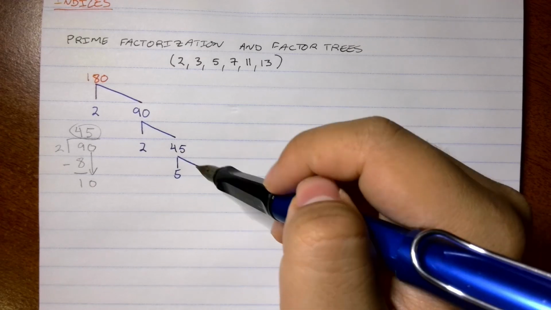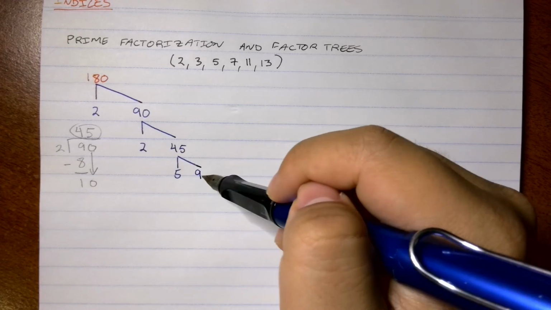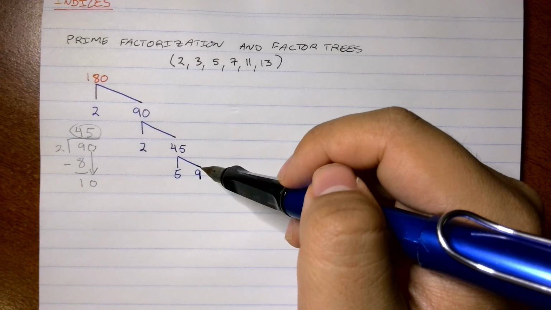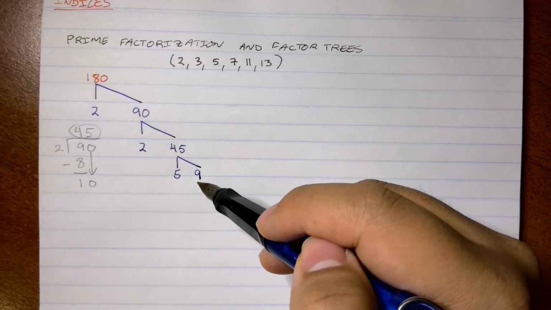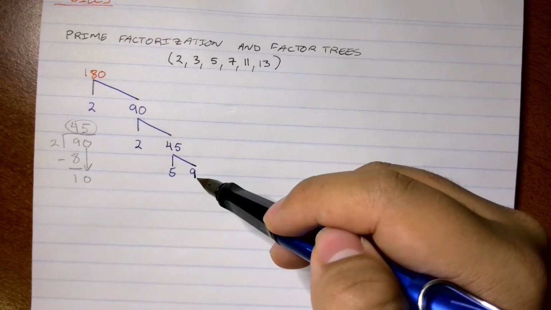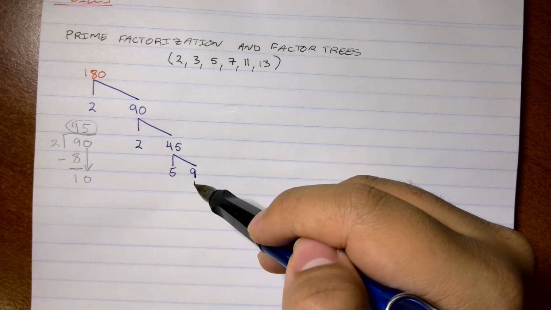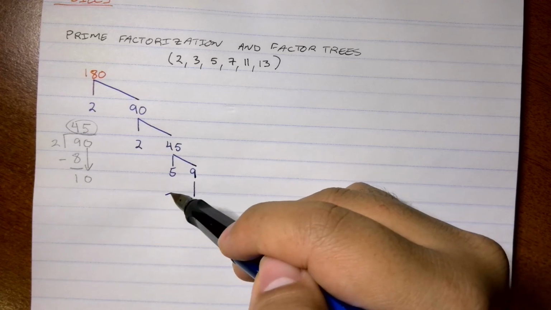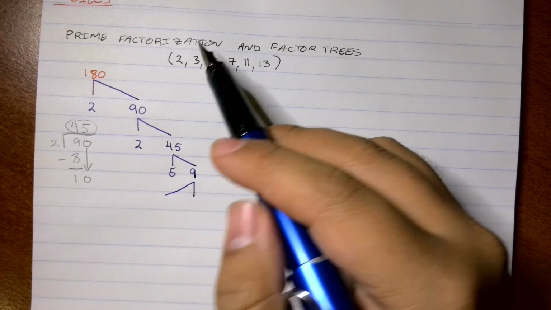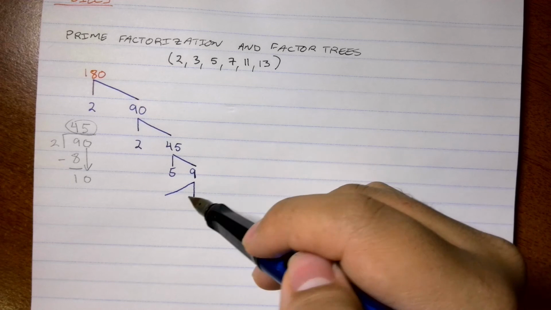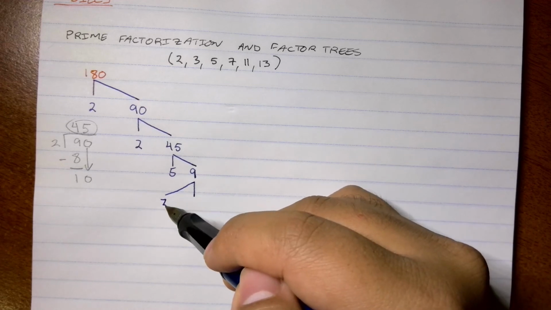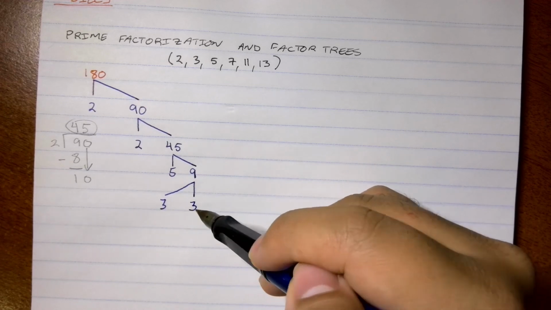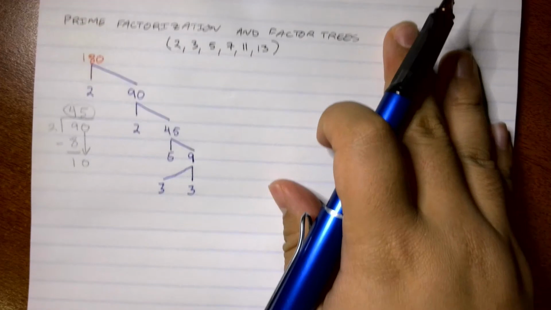Well, 5 times 9 gets me to 45. And we break down further and further until we can no longer keep going. Let's take a look at the number 9. Well, 9 can be divided by 3. So I know 3 times 3 gets me to 9.